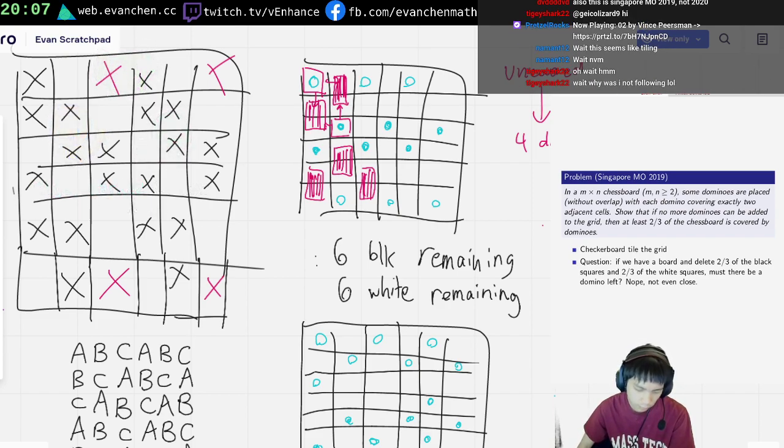This example's annoying because I kind of drew it this way. But what's in the... If I look at the reverse map, from every domino, there's at most 4 arrows pointing to it, right?